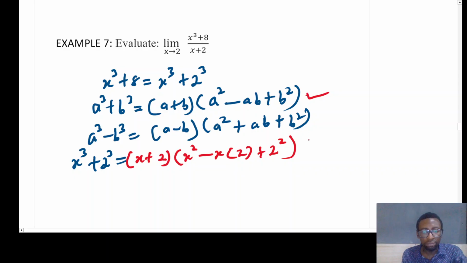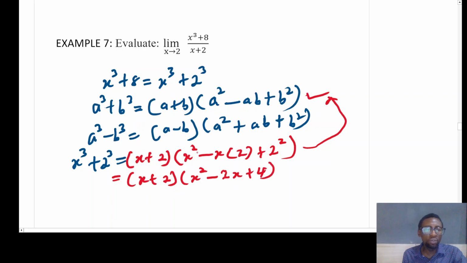Just follow this formula. So that will now give us x plus 2, bracket x squared minus 2x plus 4. So that's the factorization of this.